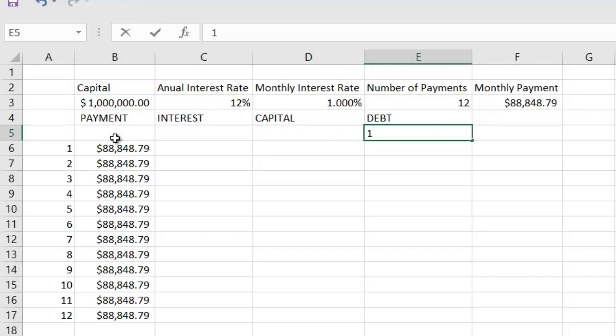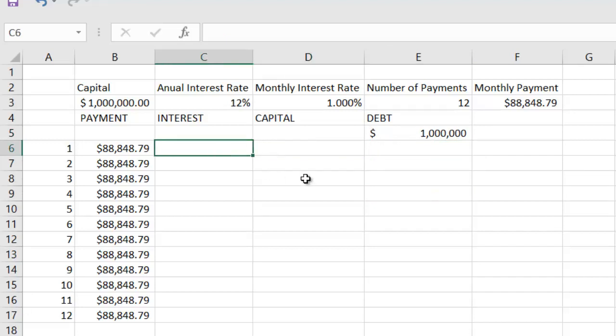So we start the debt. And we can start the debt by saying that this is the first one that we created. Take a couple of decimal places. Okay, so the interest is going to be based on your current debt.